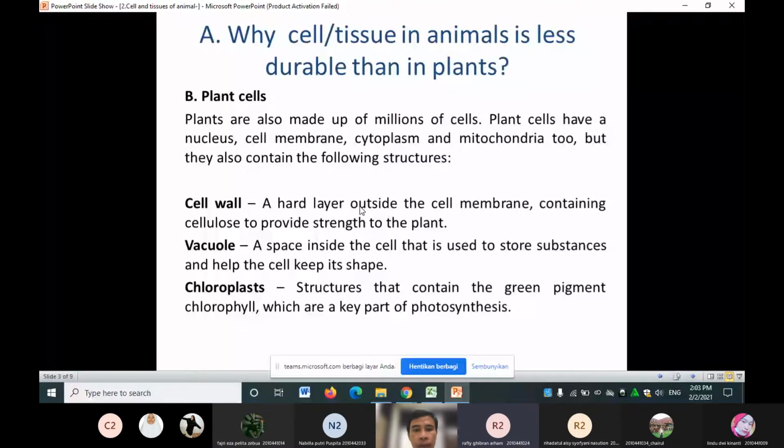Vacuole, a space inside the cell that is used to store substance and help the cell keep its shape. Chloroplast, a structure that contains the green pigment chlorophyll, which is a key part of photosynthesis.